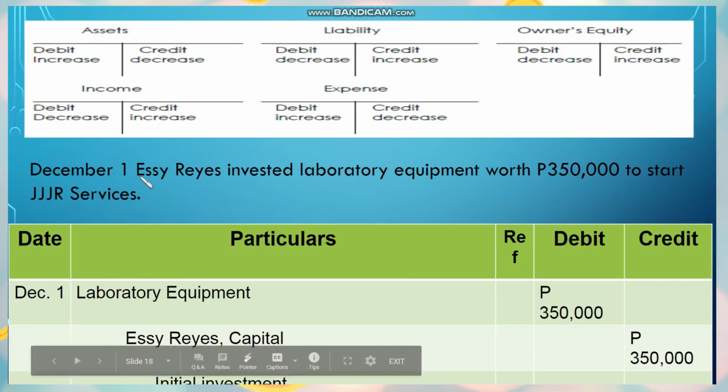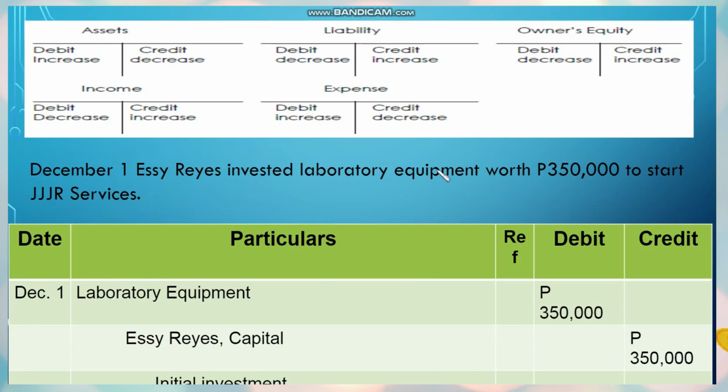What if S.E. Reyes invested laboratory equipment worth 350,000 to start JJR business instead of investing cash? Since what we received was not cash but laboratory equipment, and laboratory equipment is an asset, it increases our asset, so we put it as a debit entry.